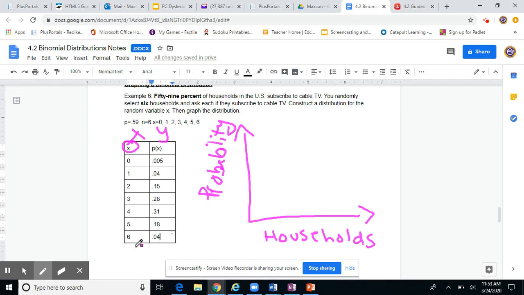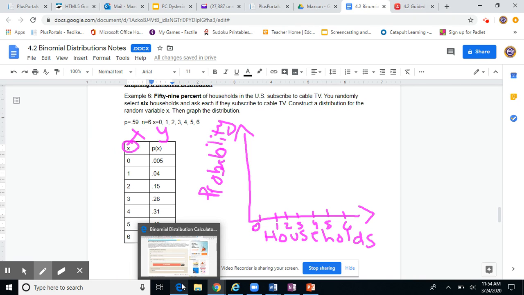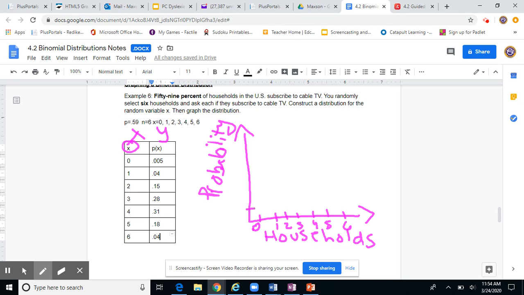For households, we want to label 0 to 6. For probability, we know it's all decimals. It's not going to go below 0 or beyond 1. In this case, it looks like our highest decimal is 0.31. So we can go by 0.05, 0.1, 0.15, 0.2, 0.25, and 0.3 up at the top.